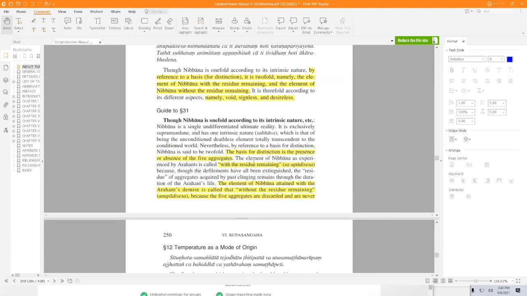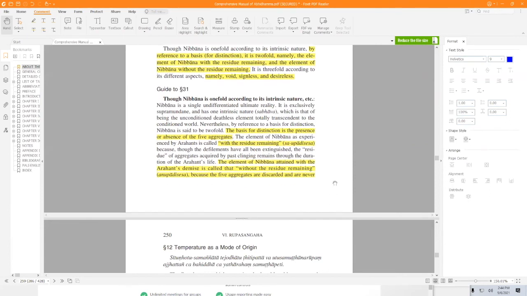So that is the residue of previous clinging that still remains. But the Arahant has achieved the extinction of greed, hatred, and delusion. So that Nibbana as experienced by the Arahant is the Nibbana with residue remaining.